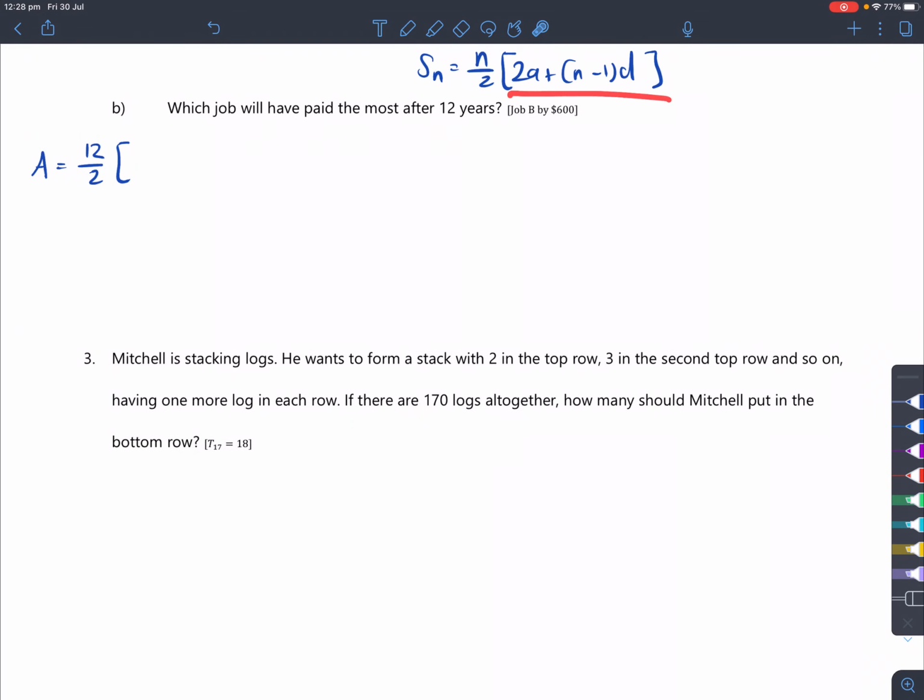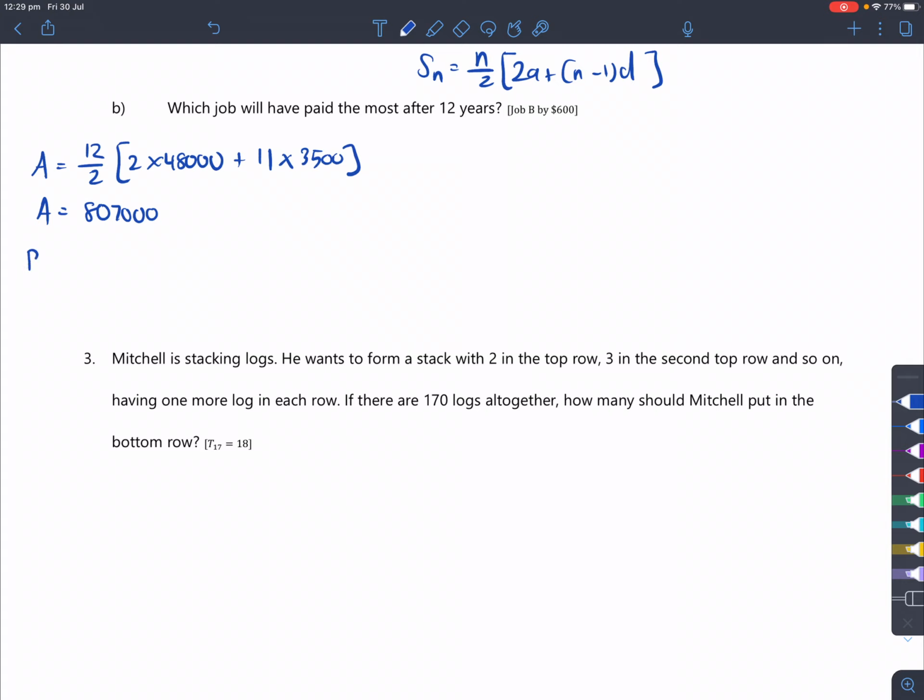So using this formula, it'll be 2 times 48,000 plus n minus 1, which is 12 minus 1, that's 11, times D, which is 3,500. Now that would be equal to 80,700. Oh no, 807,000, sorry.